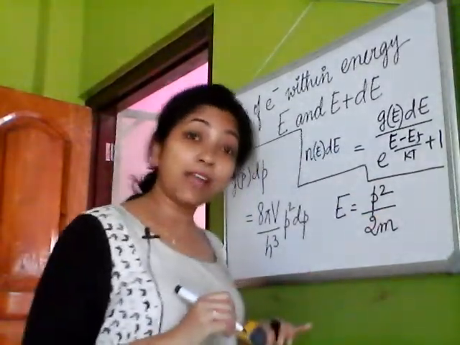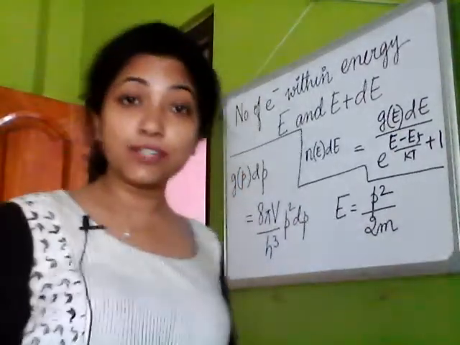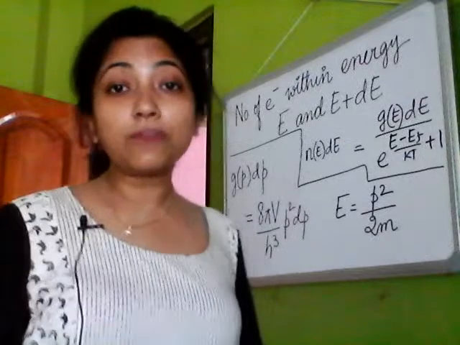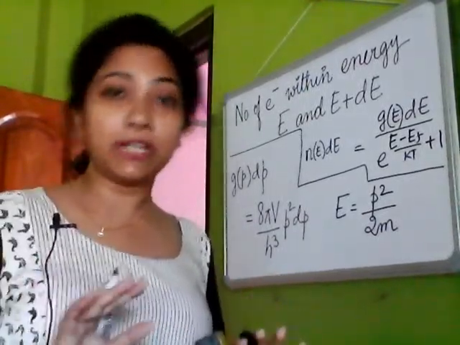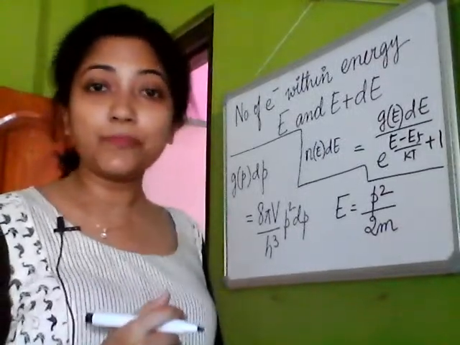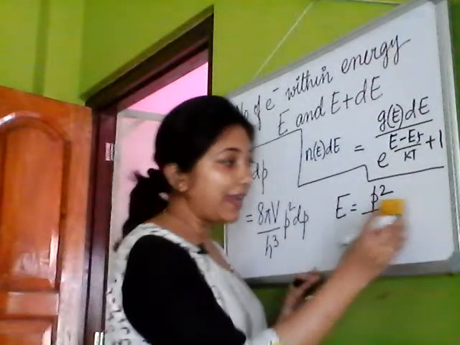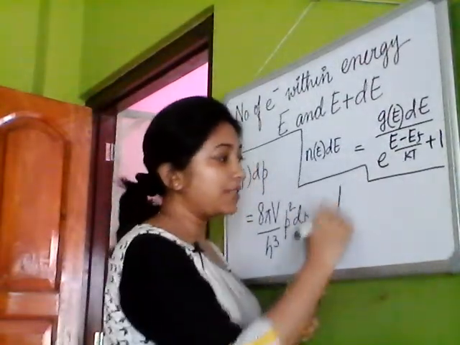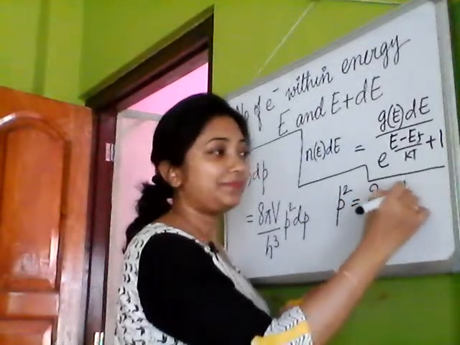Reminding all of you, E is equal to P square by twice M. Yesterday I had told you that we are writing the total energy as kinetic energy only, because when we talk about free electrons, they are not supposed to be under any potential. So their potential energy is 0. Their energy is simply P square by twice M, or can I not write P square is equal to 2mE?